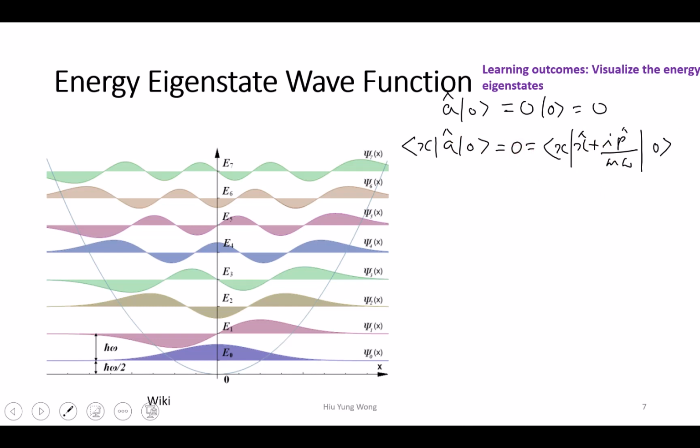It's going to get cancelled, so I just ignore it. But in case some of you feel uncomfortable later, let me still add it, but it will be gone. Is this okay? Right? So basically, this tells me that X hat plus I P hat divided by M omega applied to 0 equals 0.